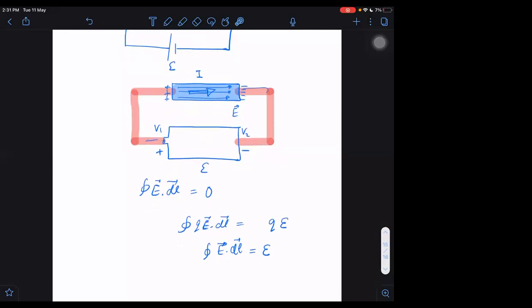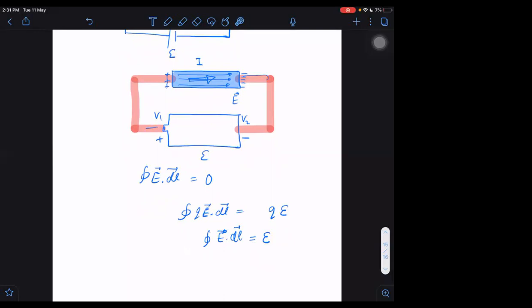But whatever work the battery is doing is being dissipated in the form of heat in the closed loop. Is it being dissipated or not? Yes, sir. Whatever work we are doing, that is being dissipated in the form of heat in the closed loop.